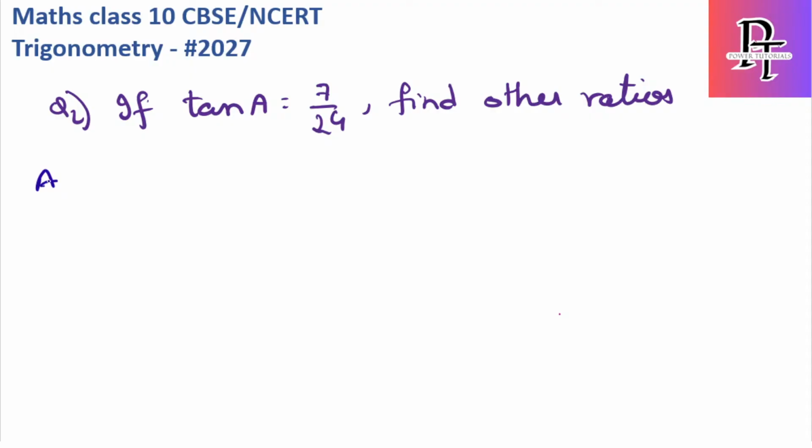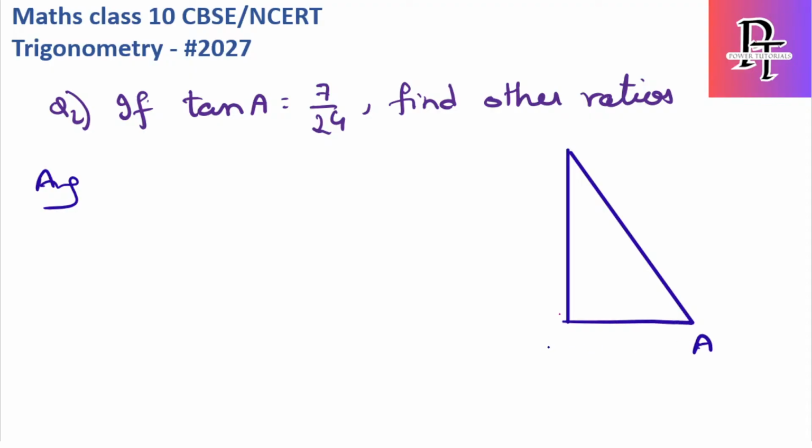If they are saying the tan A is 7 by 24, find all other ratios. So again, first of all, what I will do, the first point is we have to draw a right angle triangle and mark the sides. Tan A, so this is A, tan A is opposite by adjacent side. Opposite is 7, adjacent is 24.